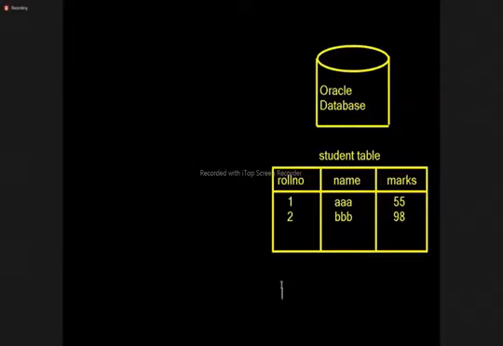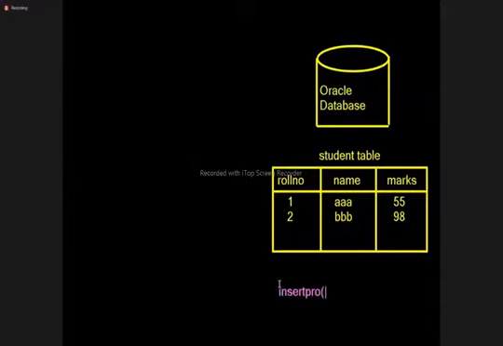Suppose for example, the procedure name is insert pro. That name, whatever you want, you can write. Suppose I am writing a procedure for inserting a record, that's why the name is insert pro.